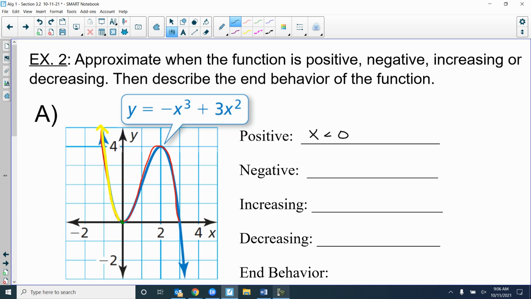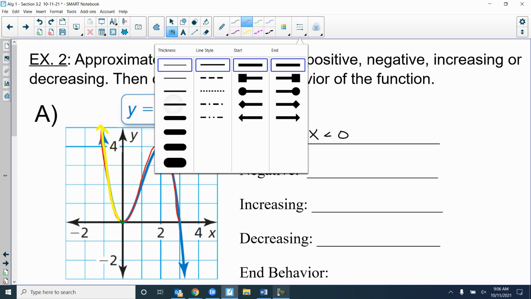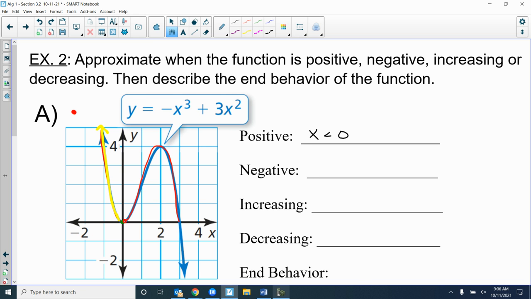Okay, how about for all of these? Now it goes negative after that. How would you describe the x values for those? 0 is less than x. Keep going. Yes. But then it doesn't keep going forever.